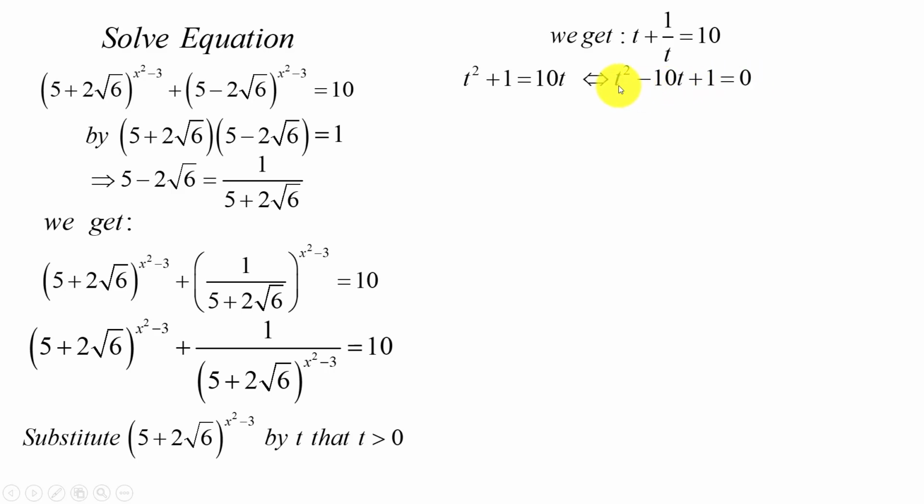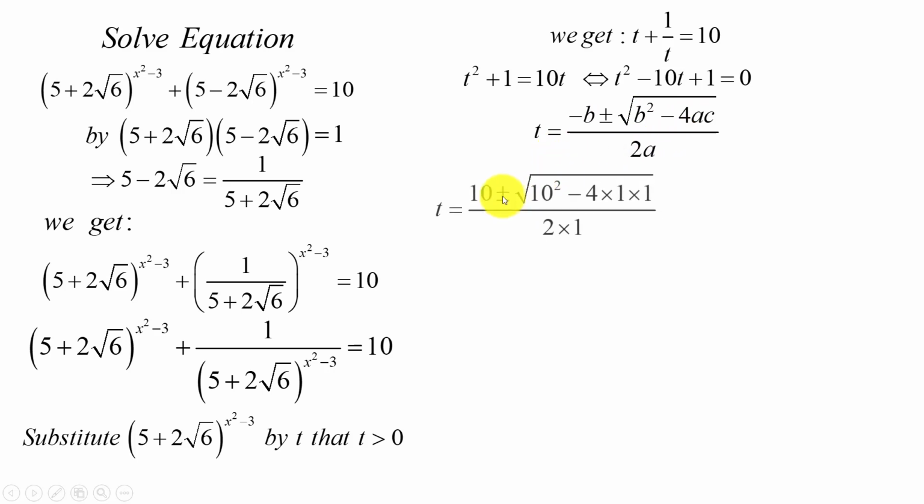And this, we can use the discriminant. If this is a second degree equation, we get t is equal to minus b plus or minus square root of b squared minus 4ac, over 2a.